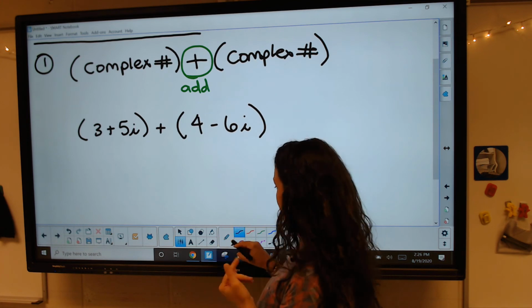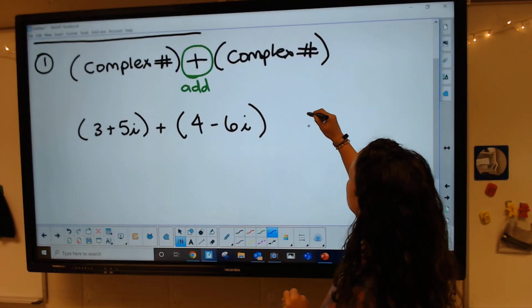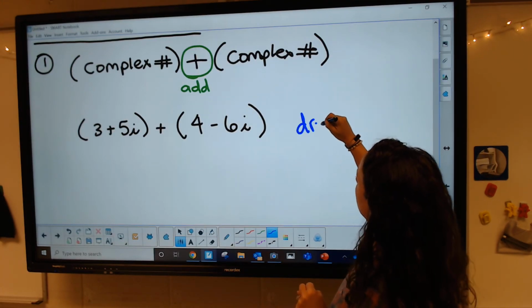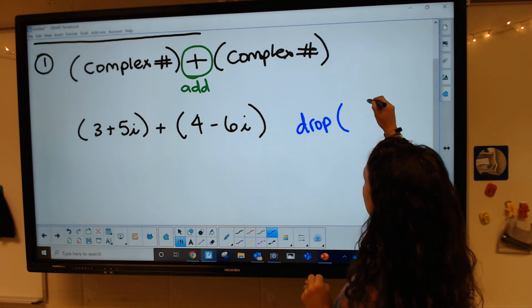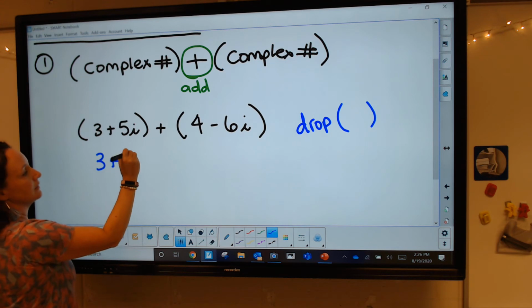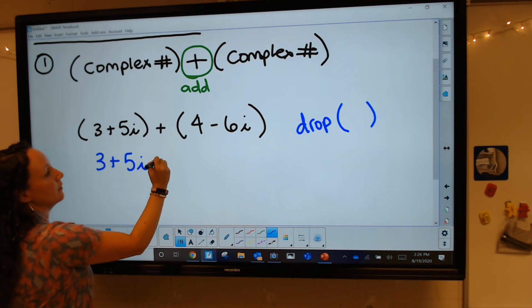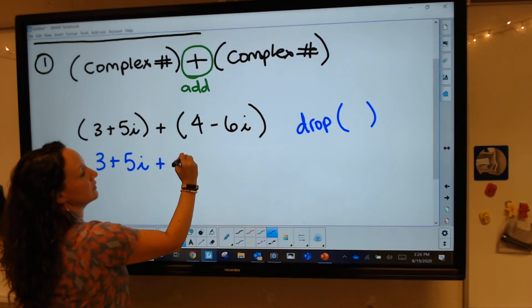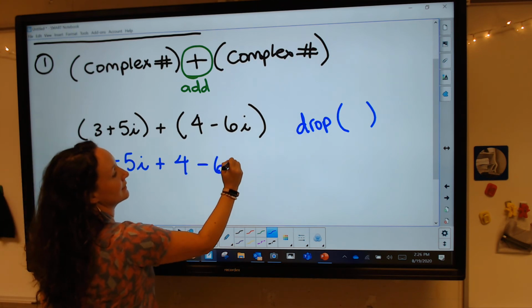So really you don't need the parentheses. Drop the parentheses. So I have 3 plus 5i plus 4 minus 6i.